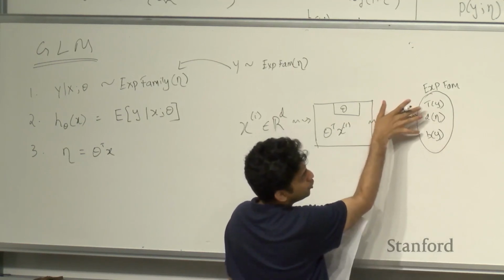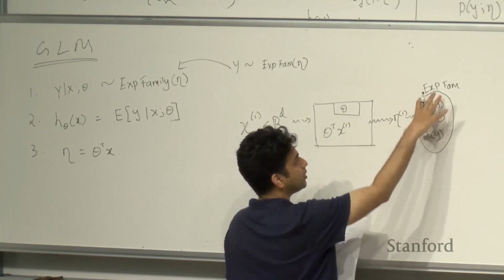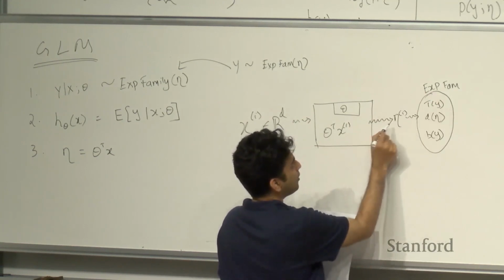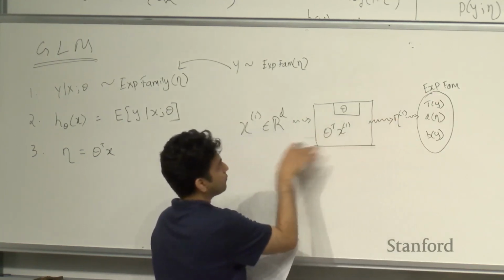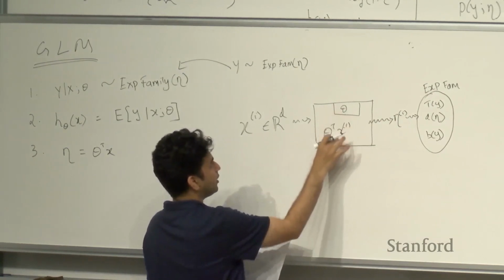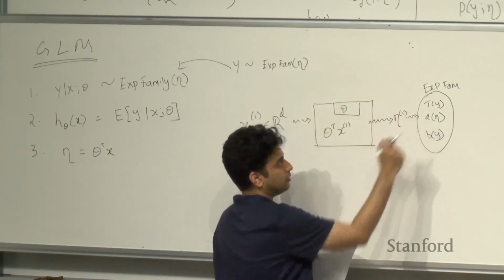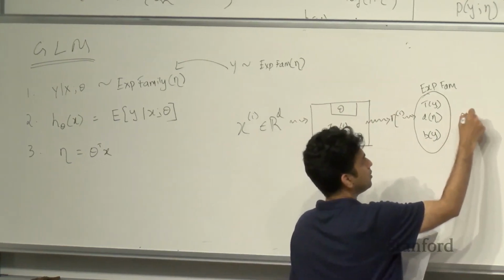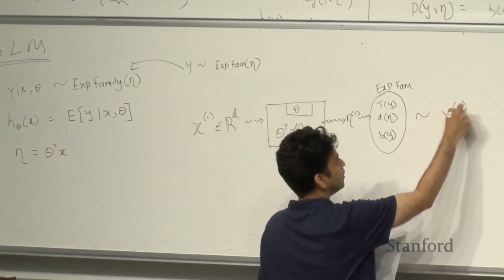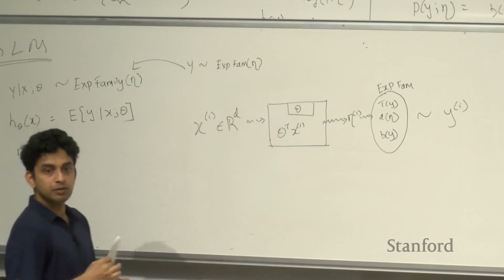By choosing the three different functions of an exponential family, you completely determine the exponential family, and the output of the dot product between theta and x becomes the natural parameter of that exponential family, and from this we sample yi. This is the big picture you want to have in your mind. Okay? So, yes, question?